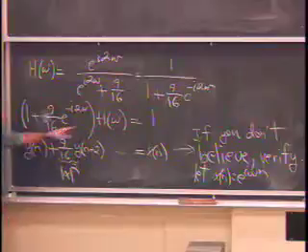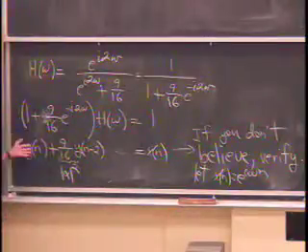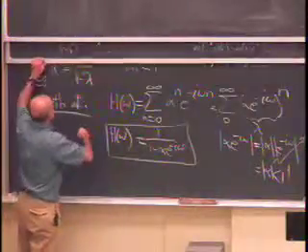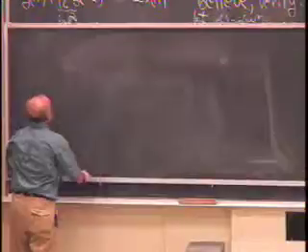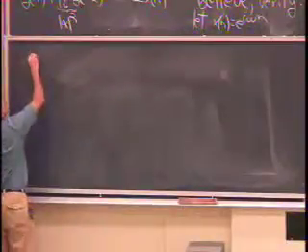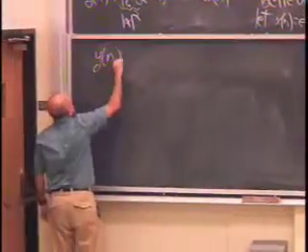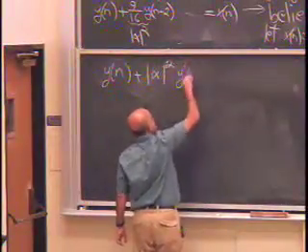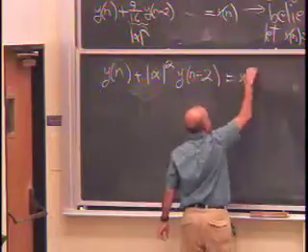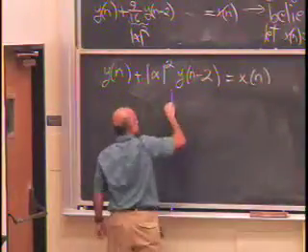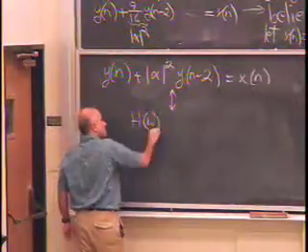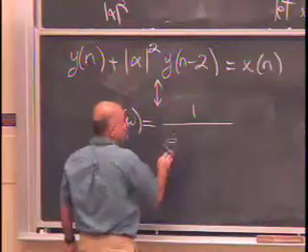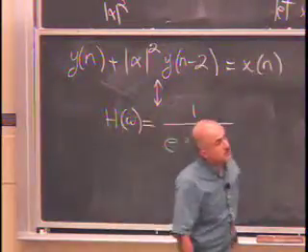Y of n will be H times e to the I omega n. Plug it in there and you'll get the same thing. So the equation that gives that filter is this one. This would correspond to H of omega equals 1 over e to the, no, what did we have?